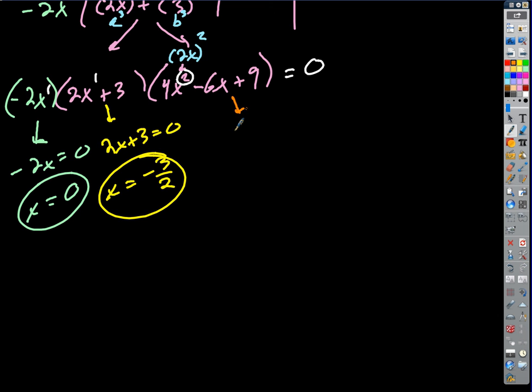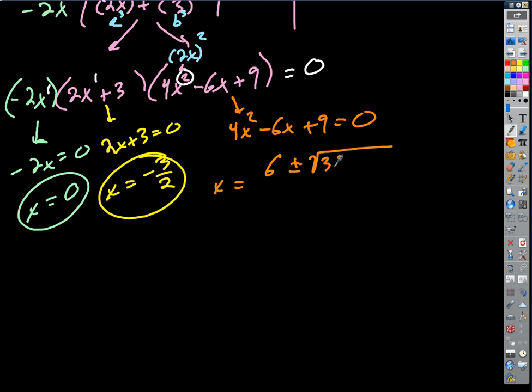So now if I set this guy equal to 0, 4x squared minus 6x plus 9 equal to 0, I can't factor it, I'm just gonna use the quadratic formula, right? So we get x equals negative b plus or minus the square root of b squared.